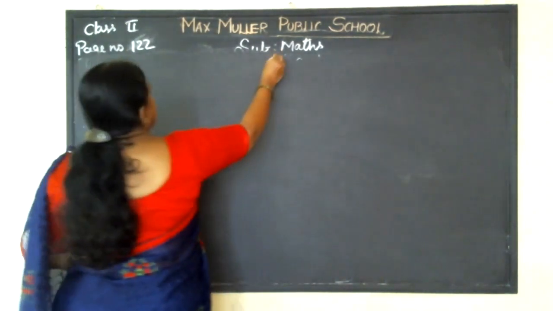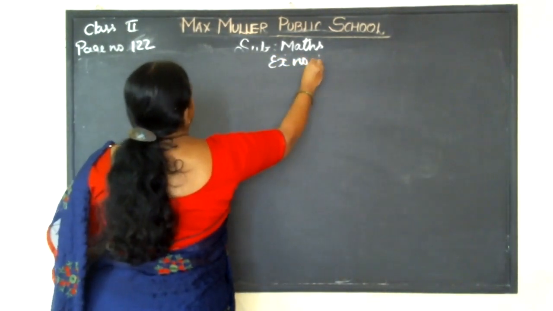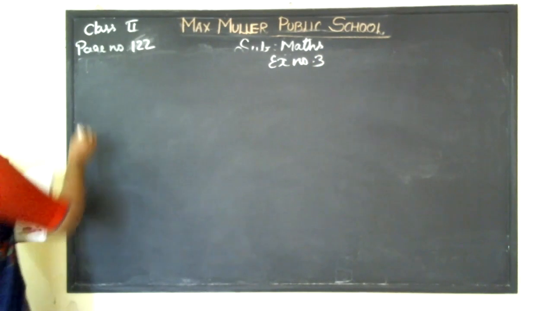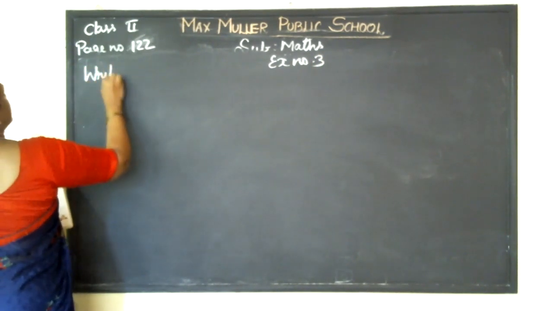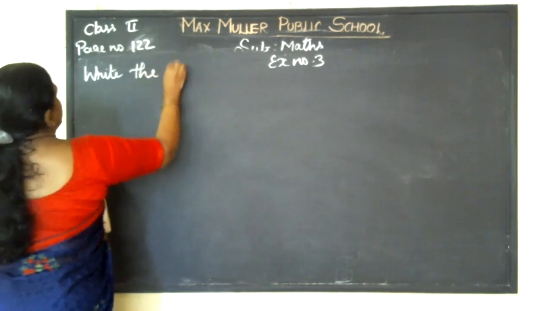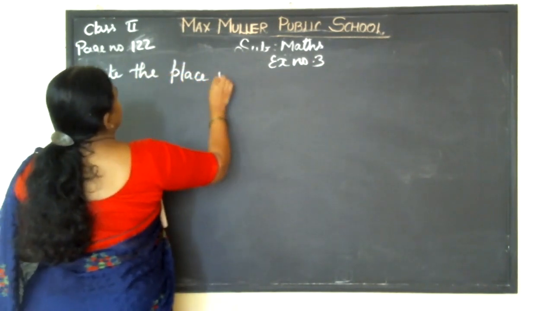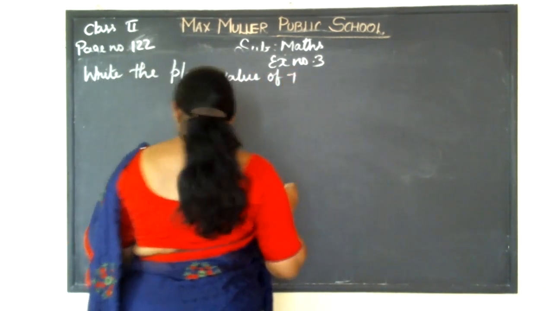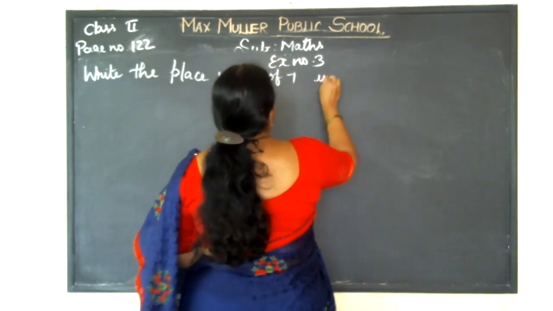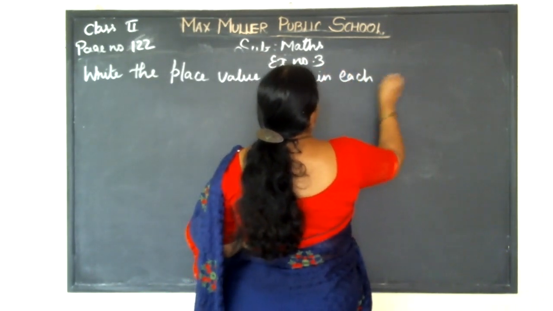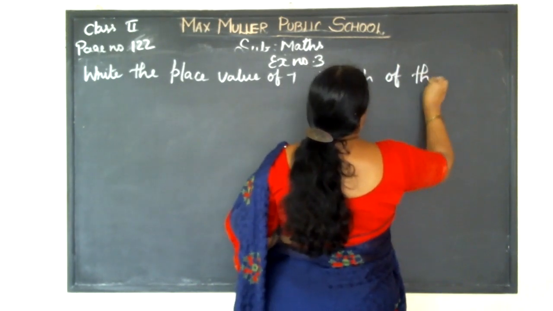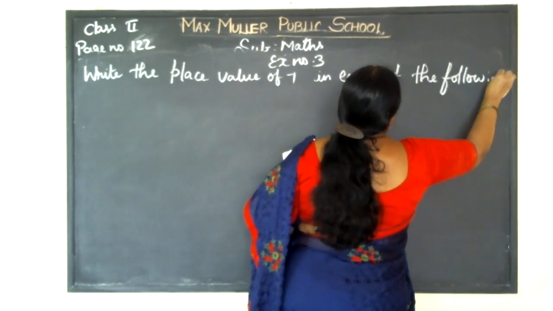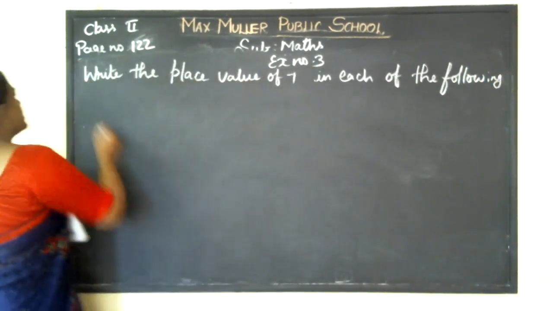Now exercise number 3, page number 122. Write the place value of 7 in each of the following numbers.